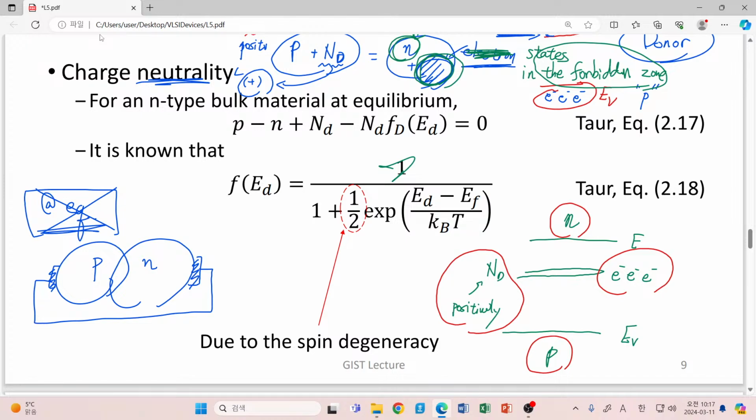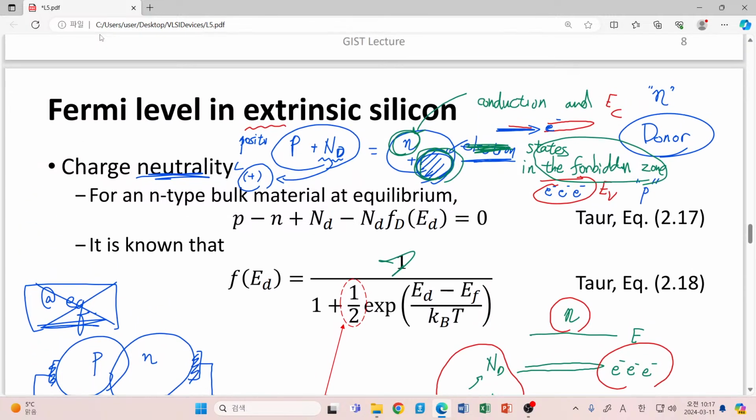So the sum of these 4 quantities should be made, and they should be balanced. Although it is written in a slightly different manner, it corresponds to equation 2.17. So we will continue our discussion next Wednesday.